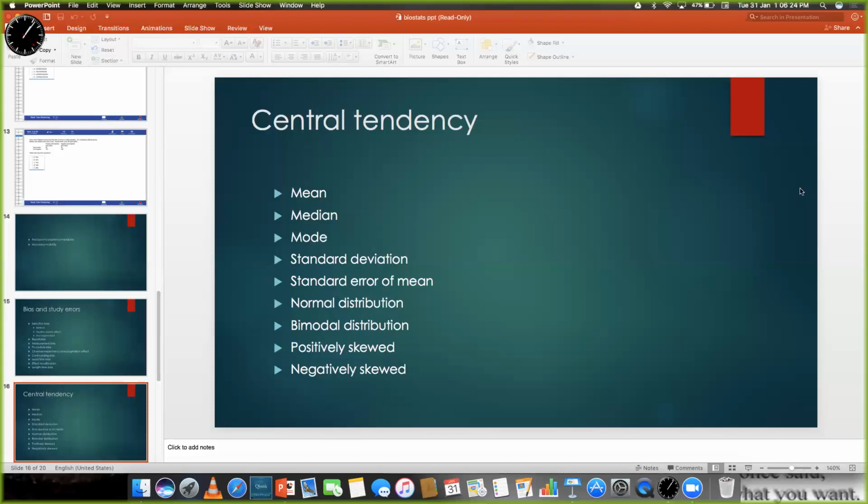Variance is just another way of telling standard deviation. Variance is standard deviation whole square. That is, you just remove the square root. It's going to be (x minus x bar) whole square by n minus 1. It's not important, I'm just telling you. You won't get anything out of this. Okay, this is variance.